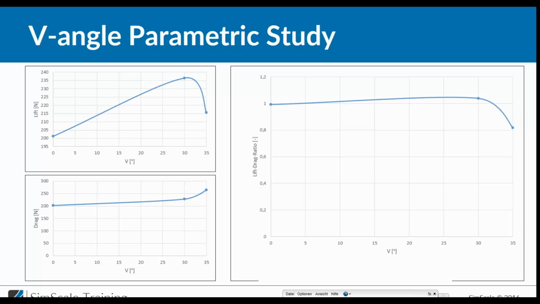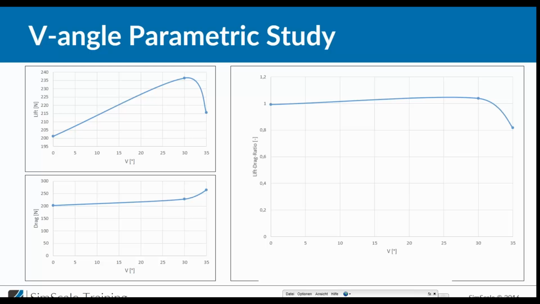Exactly, and I was really surprised when I checked the plot the first time, especially for the lift force, which is the most remarkable force here. At 0 degrees, it means the feet of the athlete are totally parallel, so there is no angle. The two ski plates are pointing straight into the free stream, and we can see clearly that we are generating around 200 Newton of lift force.